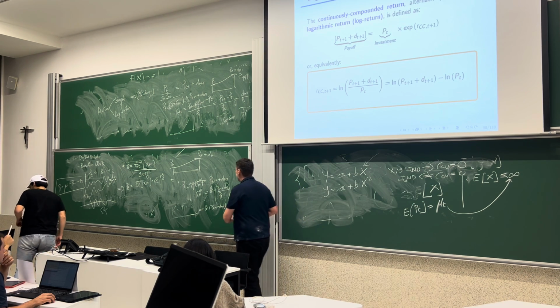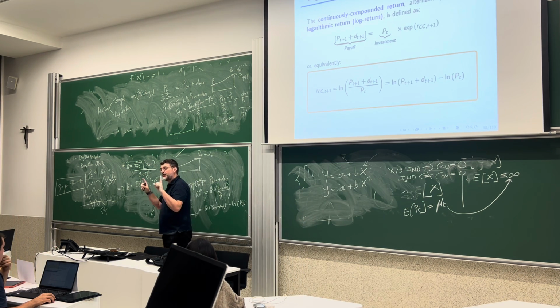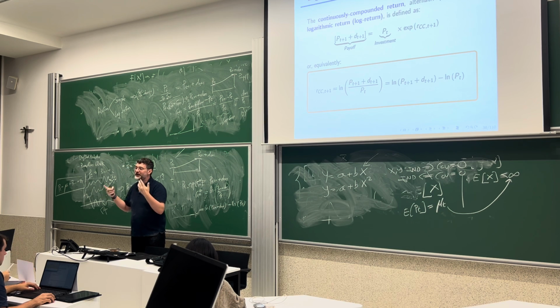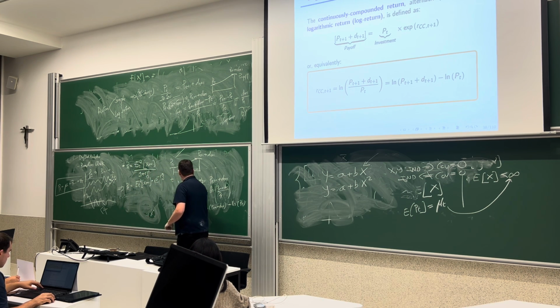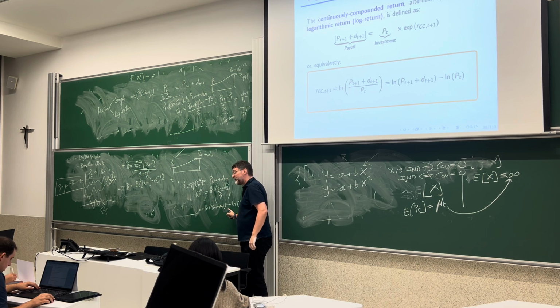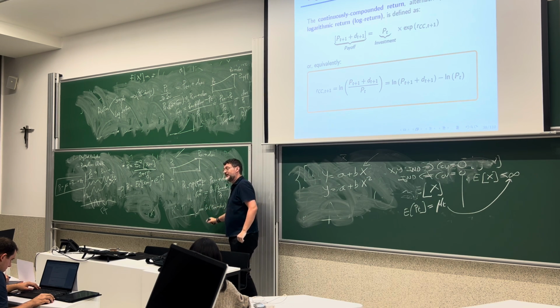The continuous compounded return. It's called continuous compounded return or log return. But because continuous compounded is so long, even for us, we call it log return, because it's a return that can be computed through the logarithmic transformation.